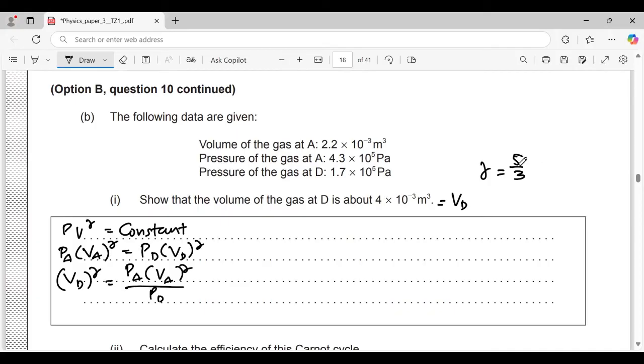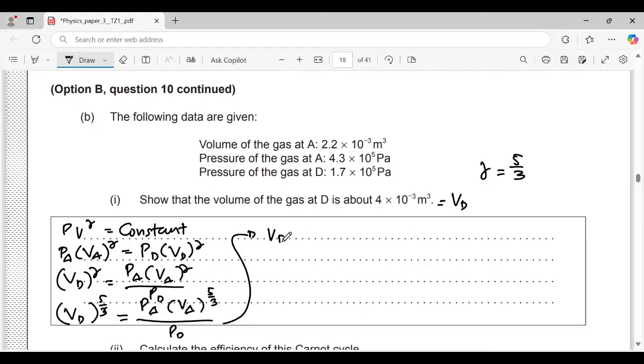If gamma equals 5/3, it means V_D to the power 5/3 equals P_A times V_A to the power 5/3 over P_D. Let's continue here.